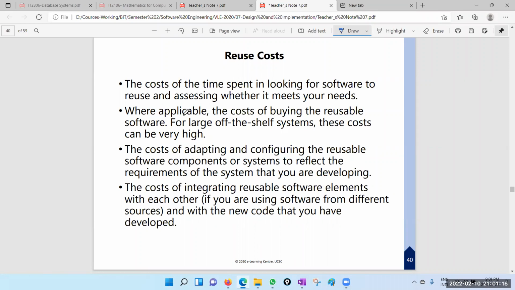Because there are some advantages and some disadvantages when you reuse. When you reuse, we are going to reuse a component we developed for some other software. So what are the good things? The good thing is the moment you reuse, your effort is less, and that means your cost is less.